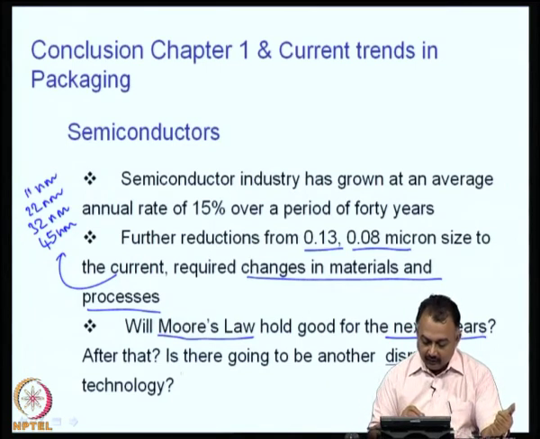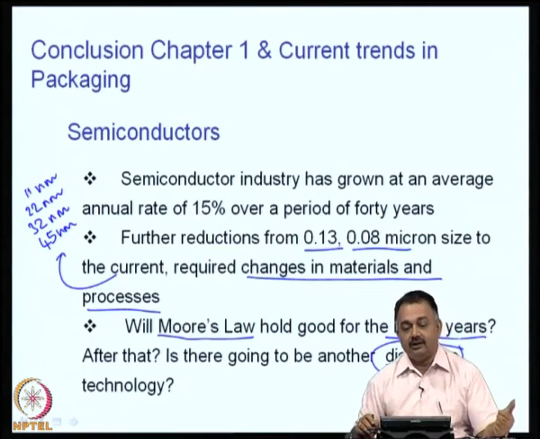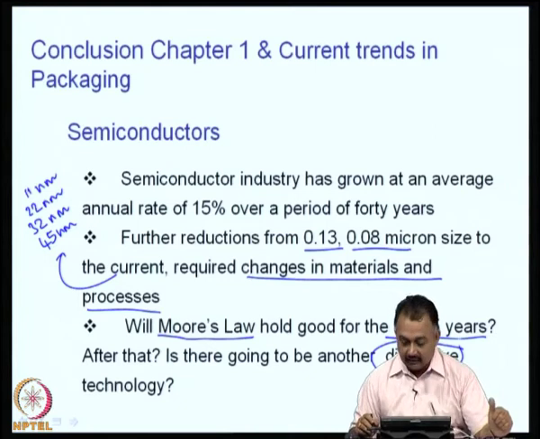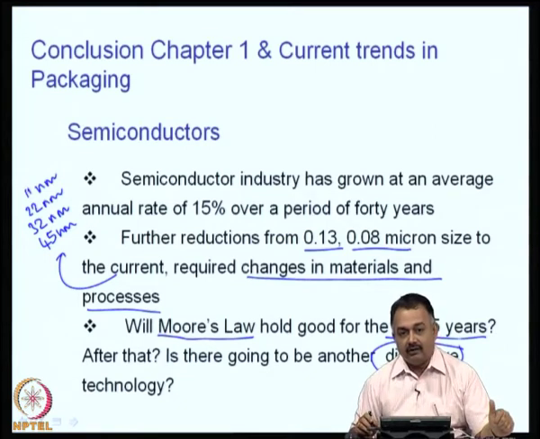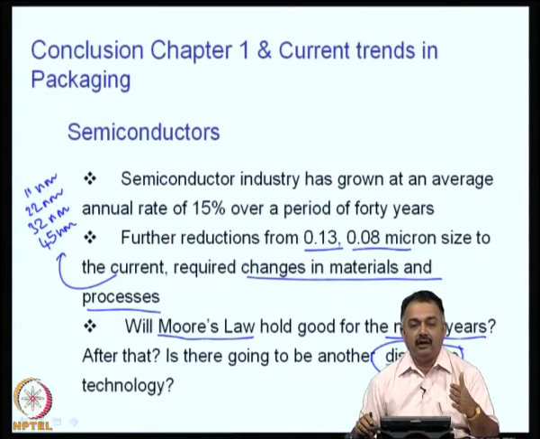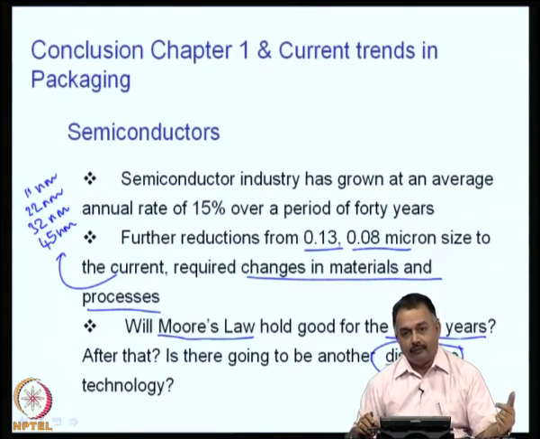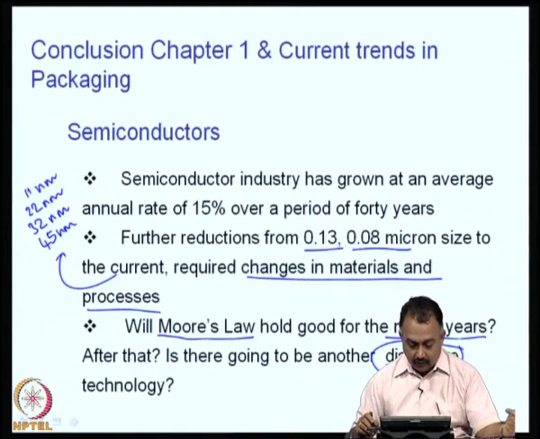So, is there going to be another disruptive technology? So, I use the word disruptive, if you can see here in this slide, disruptive technology. Why do I say disruptive? Because a new technology has to come and revolutionize the imaging process. So, that can be disruptive in the sense that the entire process can take a new look, okay, and that can be beneficial for the semiconductor industry.